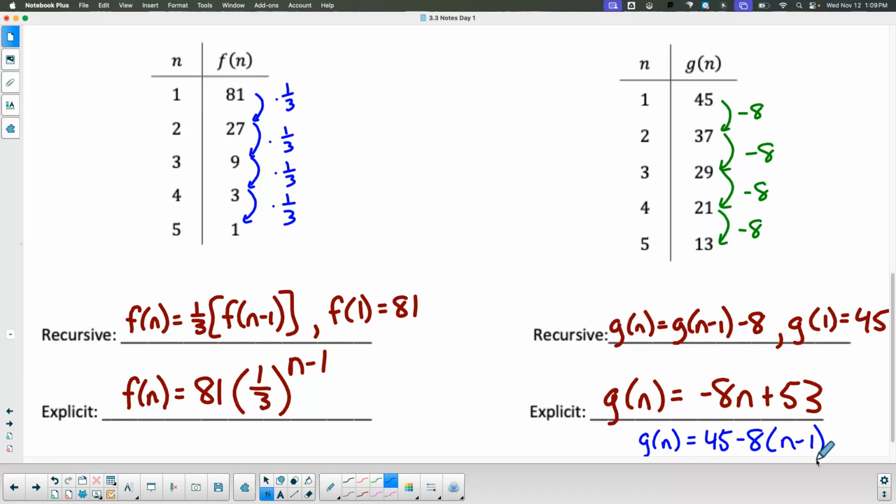You might have written it in that blue form, but when you simplify that blue form, you get the brown. Questions, comments, concerns, clarifications on those?